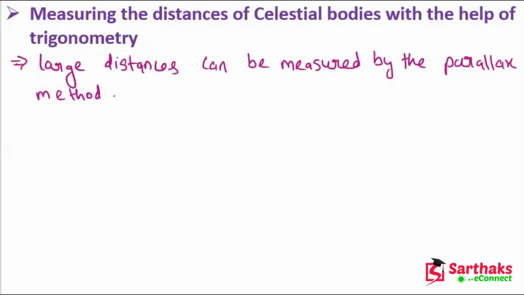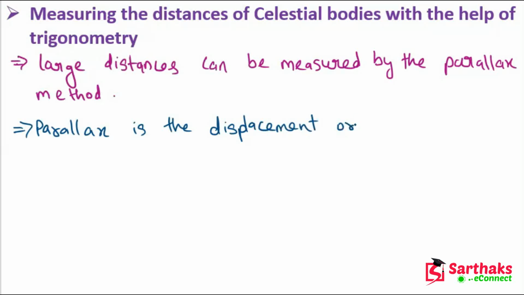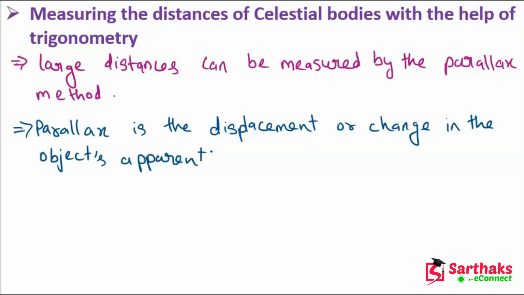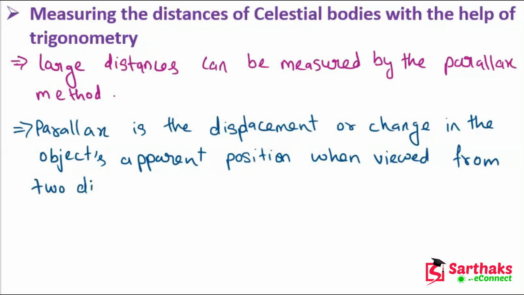So the parallax method is the displacement or change in the object's apparent position when viewed from two different points of view.